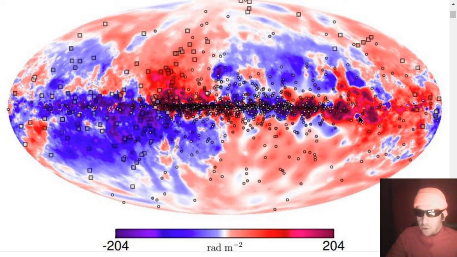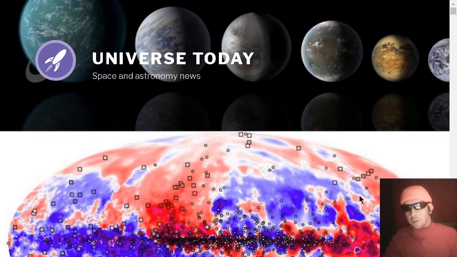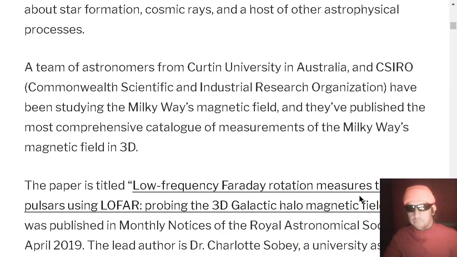And I would also note the way that these fields sit right next to each other. You notice the way that they're a bit organized here. You see the way they line up side by side, and the way you've got these purple zones in here toward the galactic core. Probably not that much of a surprise if you understand magnetohydrodynamics, but it's a great article from Universe Today. Perhaps have a reading of that.